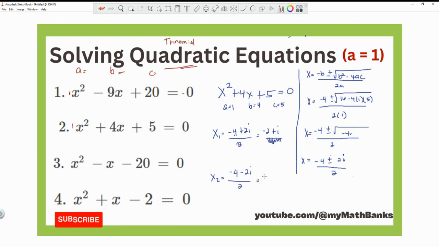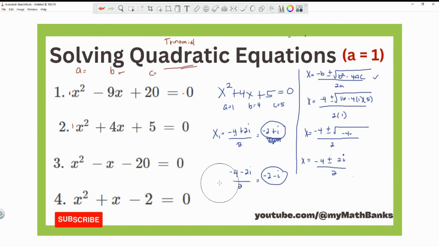Again, divide everything by 2 on the second one, so you have negative 2 minus i. So therefore, these are your final answers for the first one. It's kind of long because you have to use the quadratic formula.